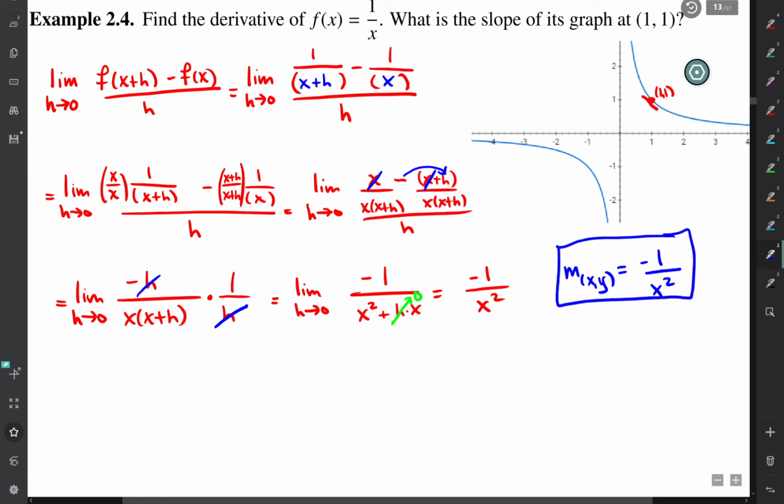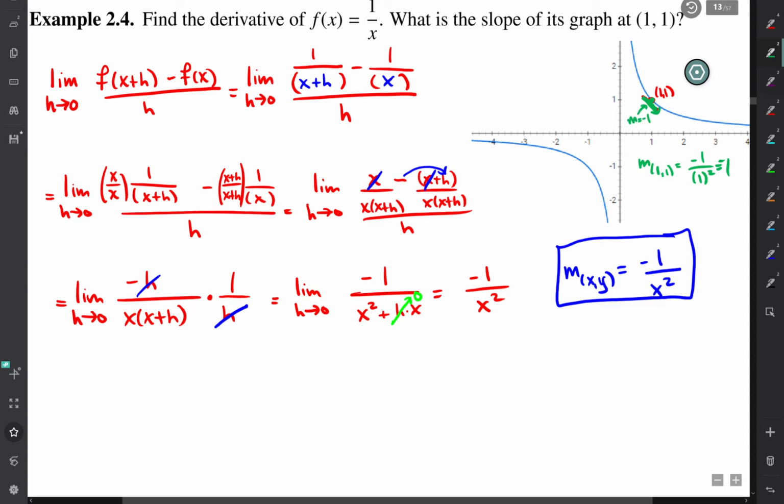And I can now plug in (1, 1) into this expression to give me the slope right here. Maybe I'll do that right in green. So m of (1, 1) is negative 1 over, and I'm plugging in 1 for x. So 1 squared is 1, so I get negative 1. So that tells me that the slope here is negative 1.